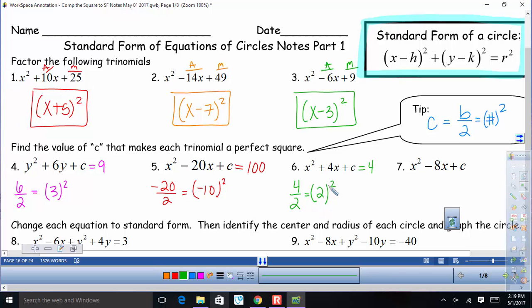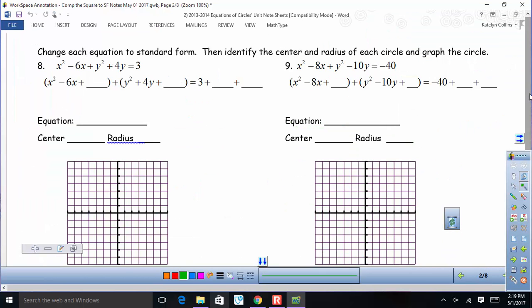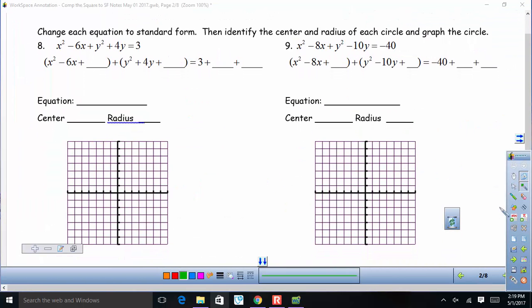Okay, so what you're going to realize when we start doing it is we don't actually have to factor, because it gives us the factor every time we divide by 2. Okay? So let's try number 8. So they gave me this equation right here, x squared minus 6x plus y squared plus 4y equals 3.